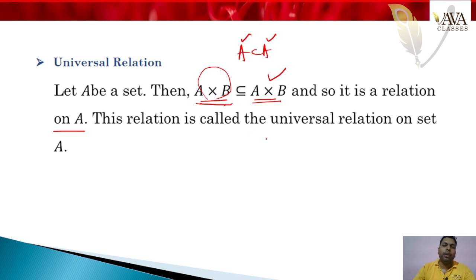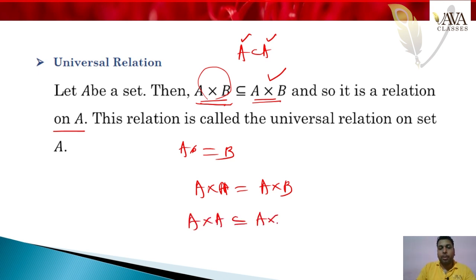That is called the universal relation on set A if A equals B. If A equals B, then A into A is the same as A into B. Any subset of A into A is a relation, so A into A, being a subset of A into A, is a relation. That relation is called the universal relation on set A.